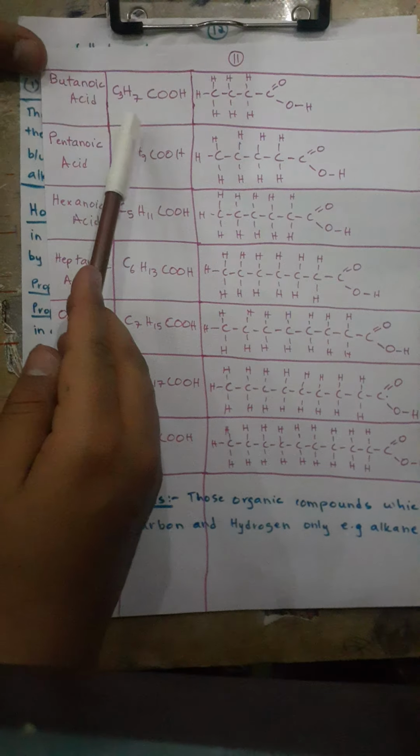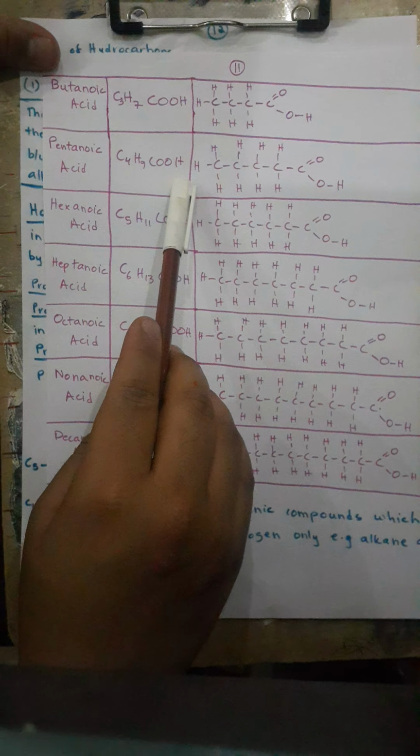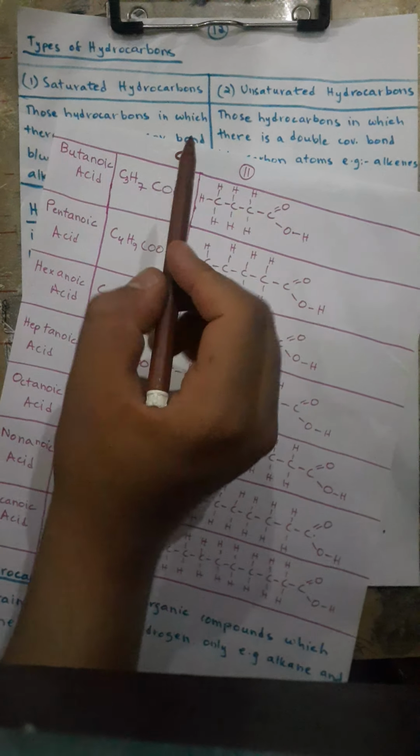Take this butanoic acid, here C3H7COOH, and here C4H9COOH. This is the successive member of this. If we compare them, we will find one carbon difference. C3H7COOH has 4 carbon atoms, and C4H9COOH has 5 carbon atoms, so there is a 1 carbon atom difference.